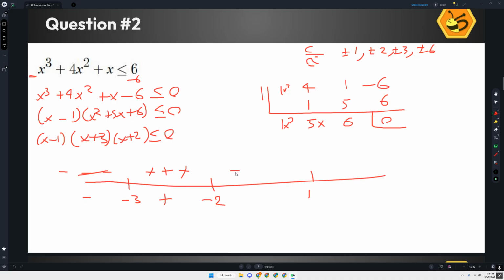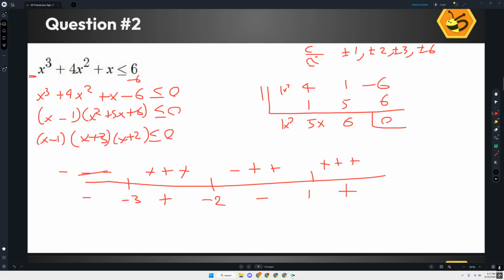If we plug in 0, the first would be negative, that would be 3, so positive, and then positive again. So there's a negative left, so it has to be negative. And then from here, you have 1. What's the number to the right of 1? 10. So we plug in 10, and the first one would be positive, positive, and positive, so it's going to be positive.